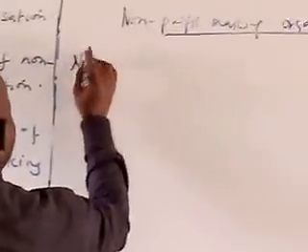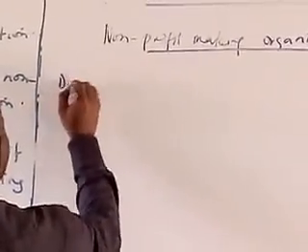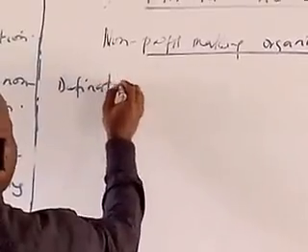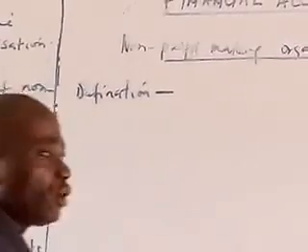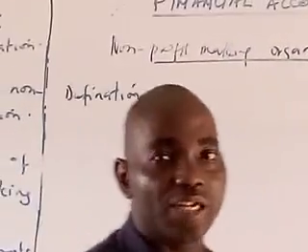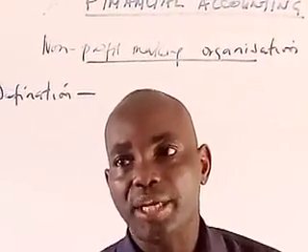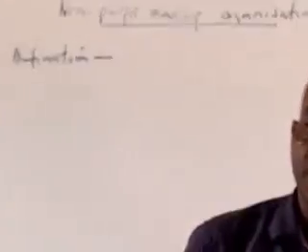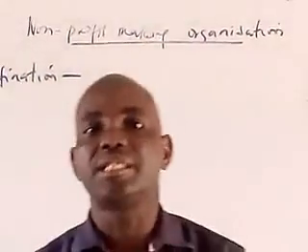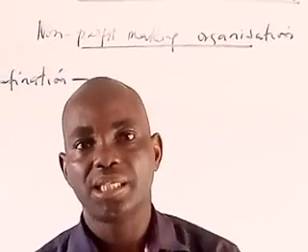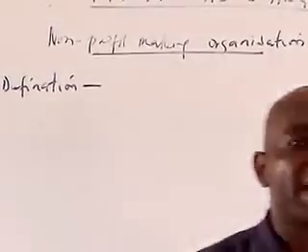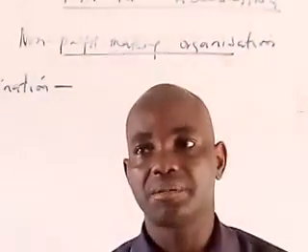Non-profit making definition. A non-profit making organization is an organization that is established for the main objective not to make profit but to provide essential services to their members. They also safeguard the interests of their members.